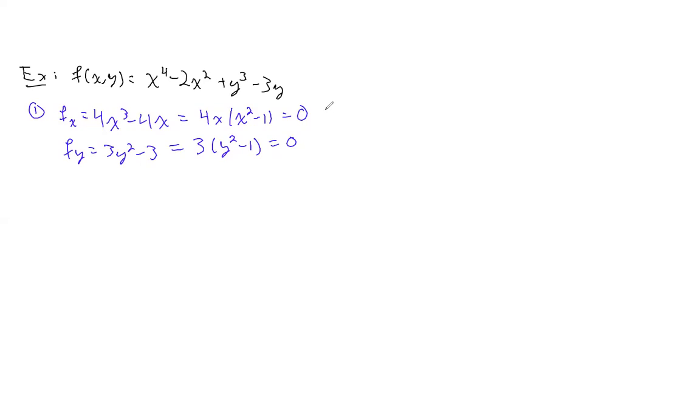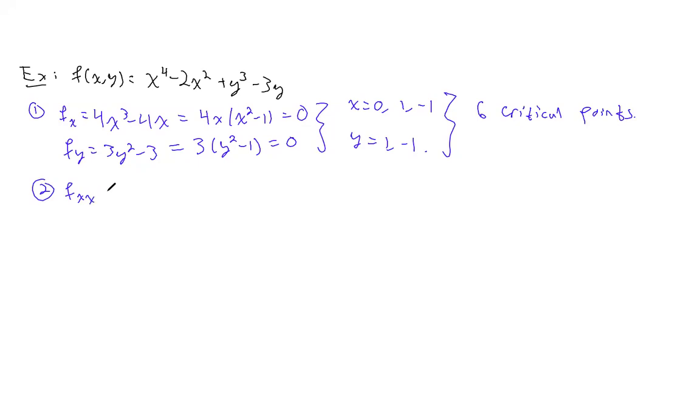And we see that there are a whole bunch of different things that can happen here. We know that x is 0, 1, or negative 1, and y is going to be 1 or negative 1. And it can be any combination of these possibilities. So that leaves 6 possibilities in total. There's 6 different critical points.